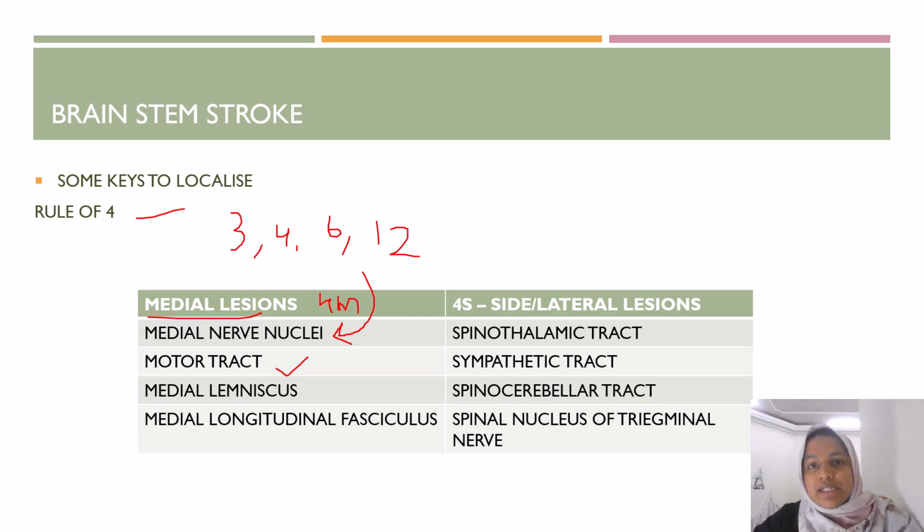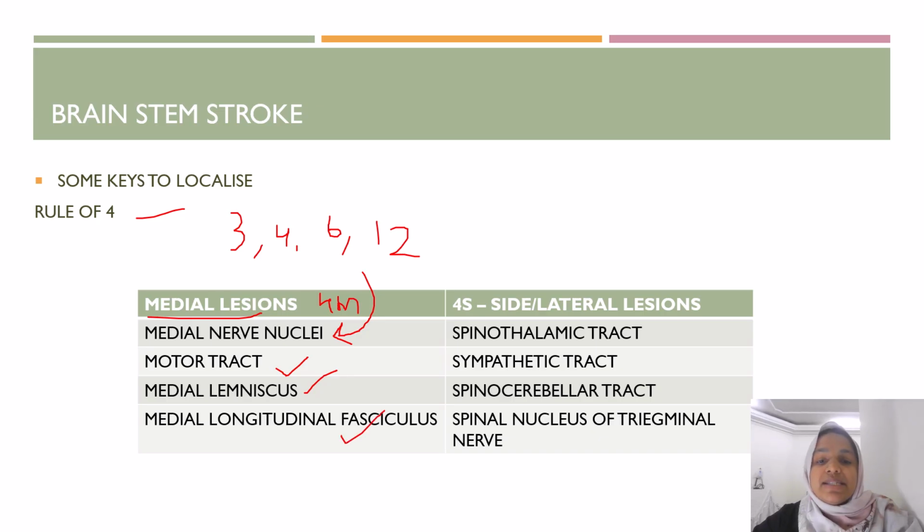If there is motor tract involvement, if there is hemiplegia or hemiparesis, that again indicates that it's a medial lesion. Medial lemniscus, which is our dorsal column tract: if the touch and pressure from the right side is lost, that means the left medial side will be affected. That is the medial lemniscus.